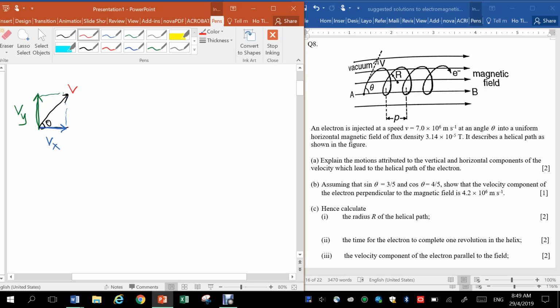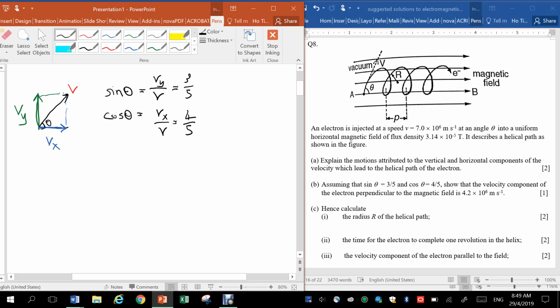So we can write a few equations already just based on this. We can say sine theta is Vy over V, and cosine theta is Vx over V. And from the question, we have seen that sine theta is 3 over 5, and this should be 4 over 5.